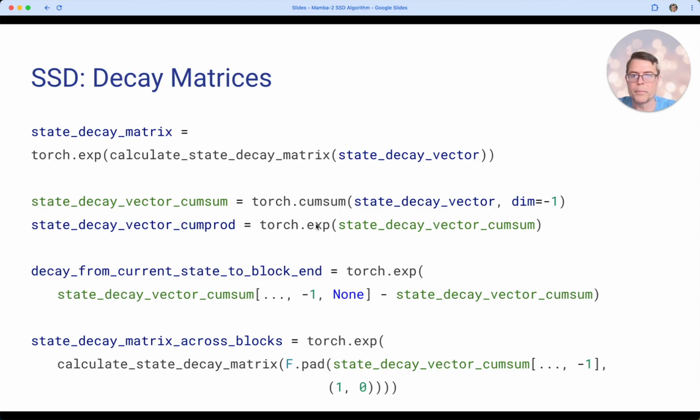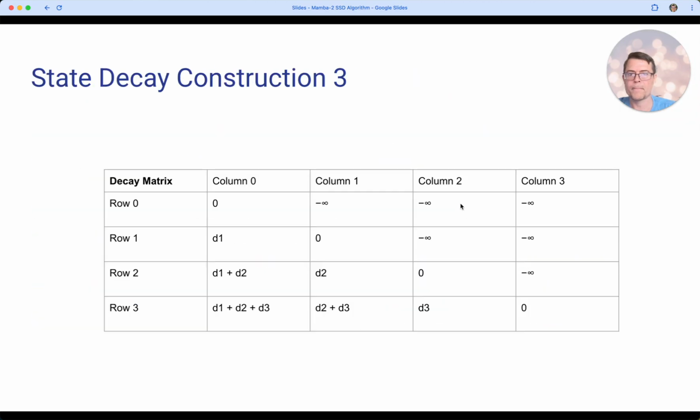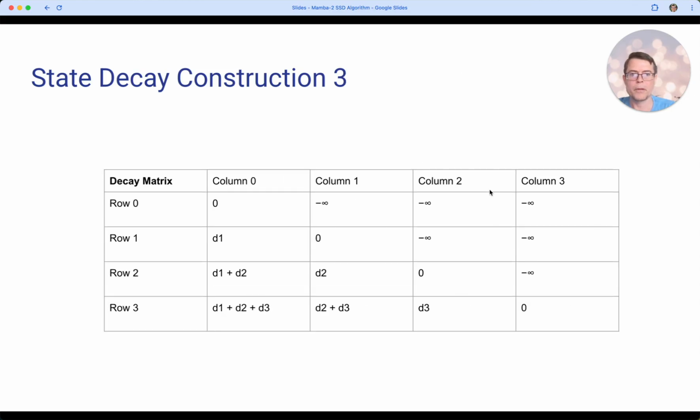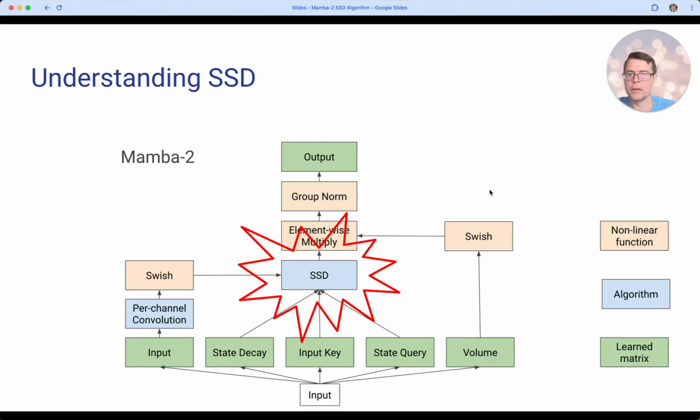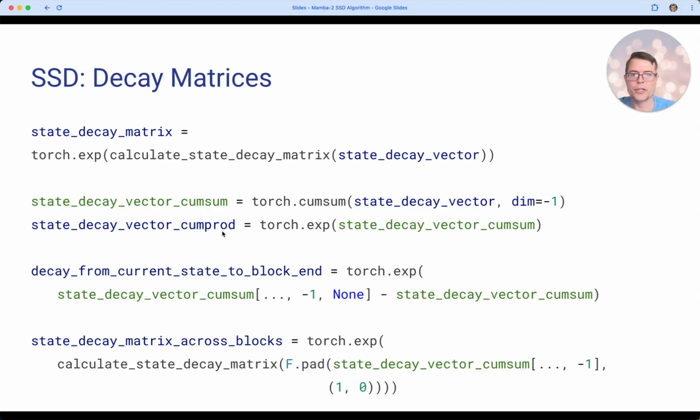Here we are doing a cumulative sum of the state decay vector, that's your cumulative sum, and then we exponentiate, so we have a cumulative product. So we're back in normal space, and we use that to calculate changes in state.